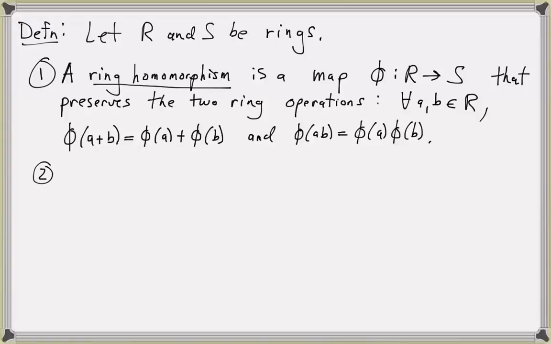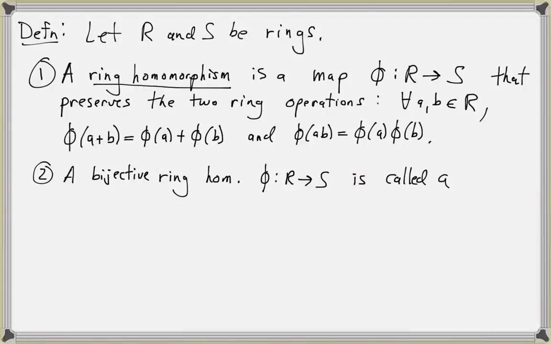Secondly, a bijective ring homomorphism, let's say phi from R to S, is called a ring isomorphism.